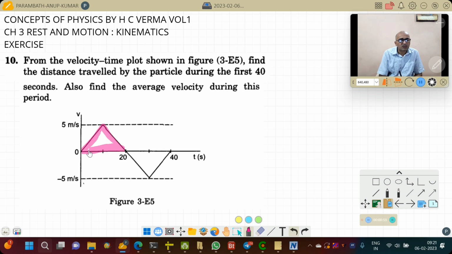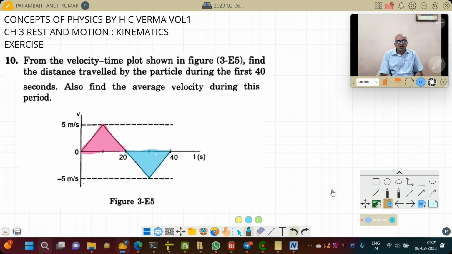This gives the positive displacement. And the other area, which I am going to mark in blue color, is a negative area, and this area gives the negative displacement. So if both are symmetrical, the total displacement is 0.